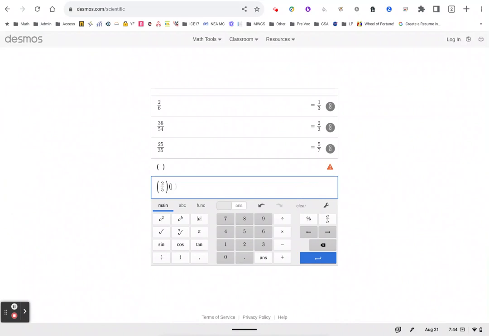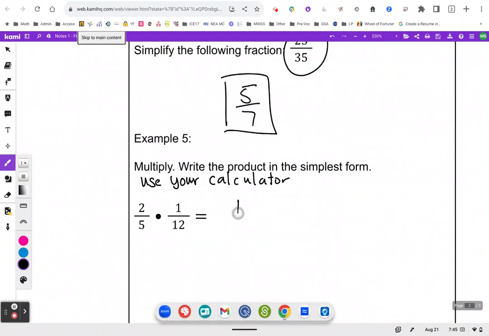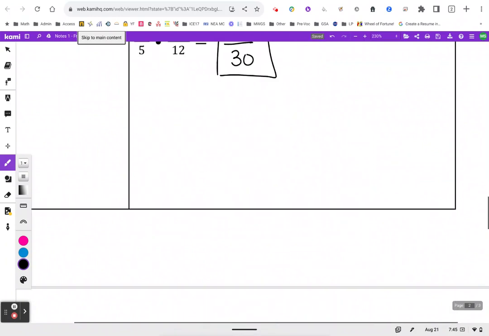Then I'm going to open another parenthesis and do 1 divided by 12. Doing it this way allows me to have a fraction. So if I click, I have 1/30. That is my answer. This equals 1/30. We're just using our calculators, trying to keep it simple.